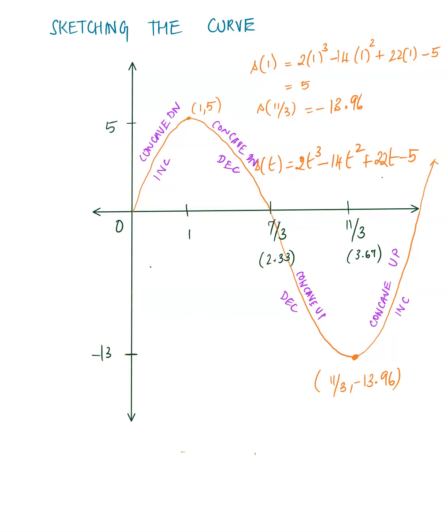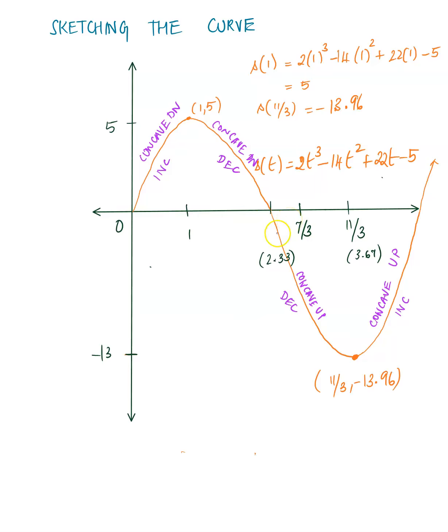Because it went to decreasing all the way to 11/3. So just to fix that, I'm going to mark this somewhere here, 7/3. Because at 7/3, it's not 0. That's what I'm trying to say, okay?